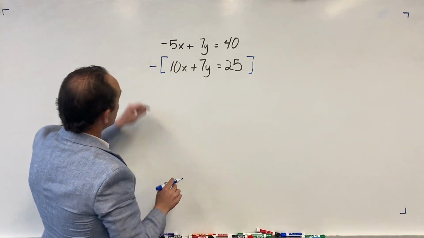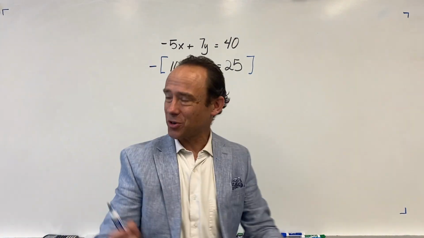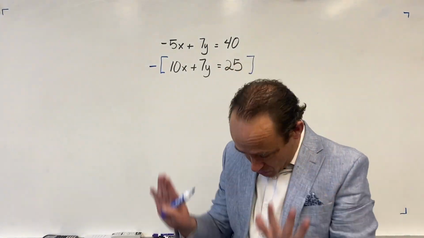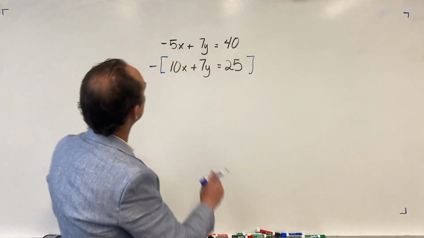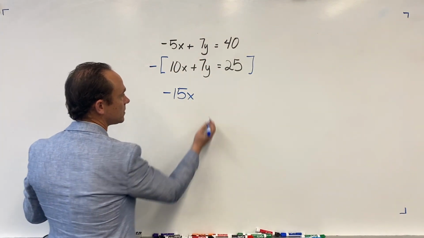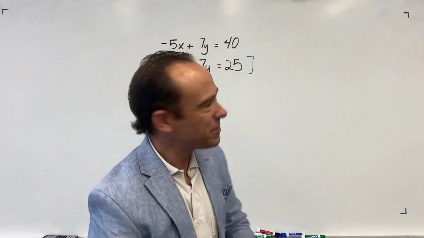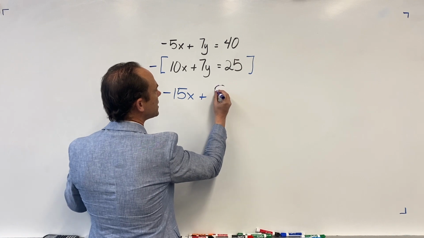Okay, so minus 5y, take away positive 10. If you're going to take away positivity, you're getting more negative. So we're going to end up with negative 15x plus, and because I'm such an artist, I'm going to draw a little cloud.